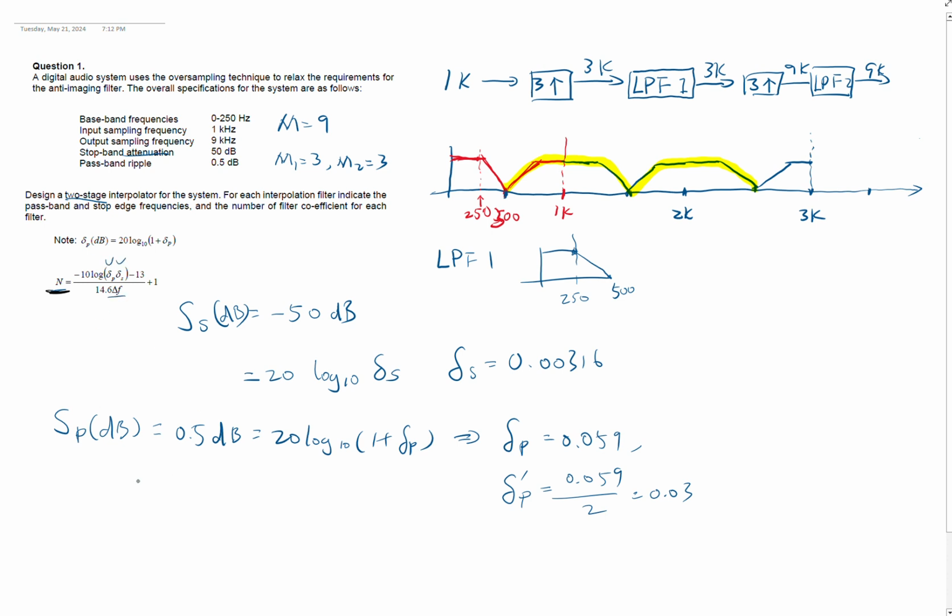We know the normalized delta f equals the frequency difference, 500 minus 250, divided by the frequency here, 3K, which is the frequency after interpolation. This gives us 0.0833.